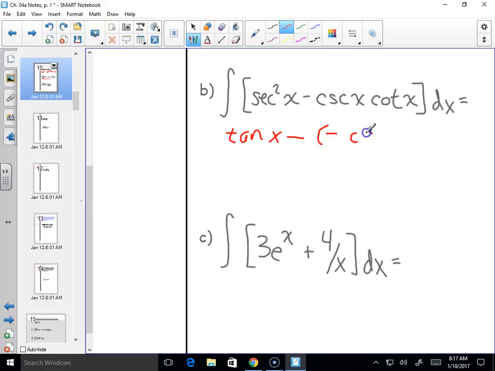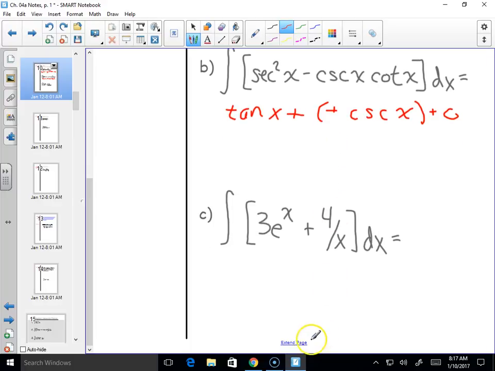So we can do negative cosecant. Others of you might have just noticed, hey, there is a negative, so I can just make it a plus. Positive cosecant, but either way, however you think about it. You cool if I just say minus a negative is the same thing as plus? Is that all right? Final answer: tangent plus cosecant plus c. Pretend I box it. Is that okay?